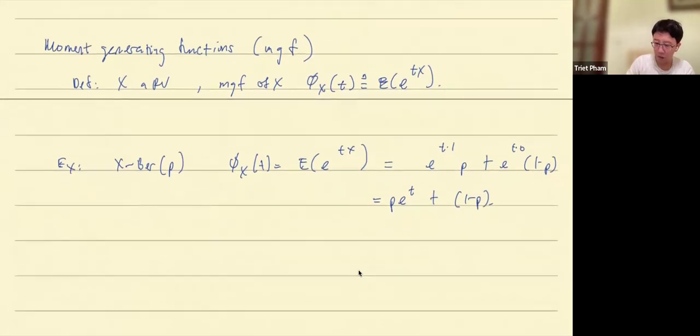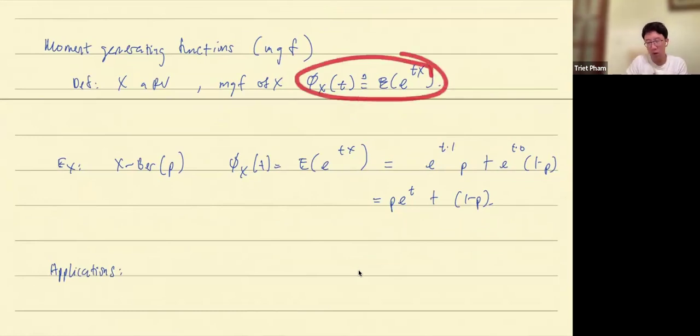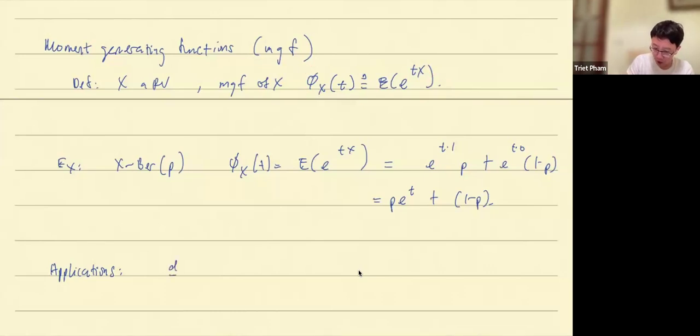So now, what's the use of moment generating functions? One of the uses is to literally generate the moments. How? For example, if you differentiate this function once, you can pass the differentiation inside the expectation, and you're differentiating with respect to t, so the x comes down.